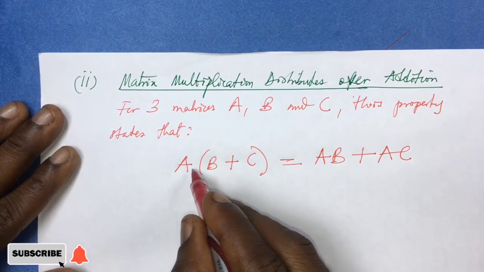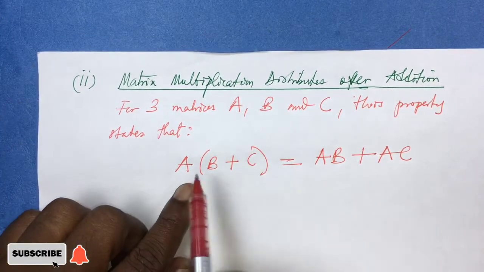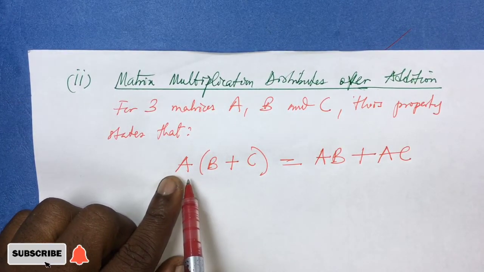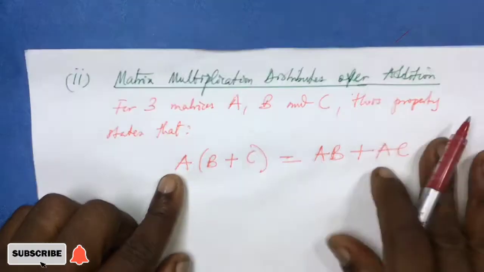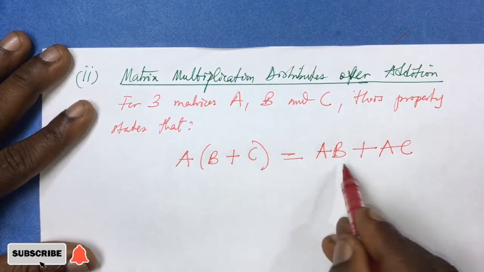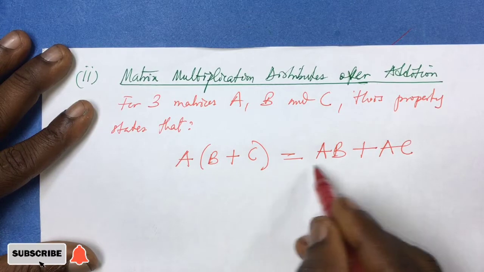It tells you that multiplication distributes over addition. Now, if multiplication does not distribute over addition, what it will mean is that this can never be true, that this cannot be equal to this.